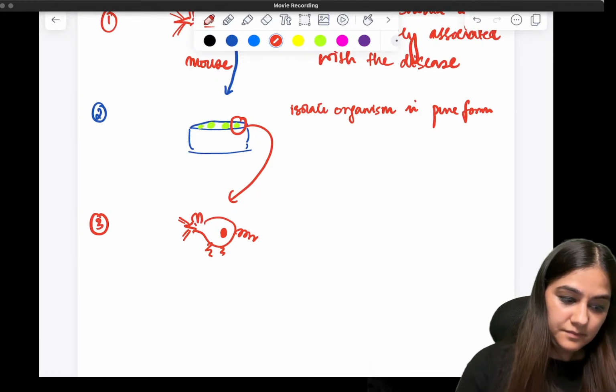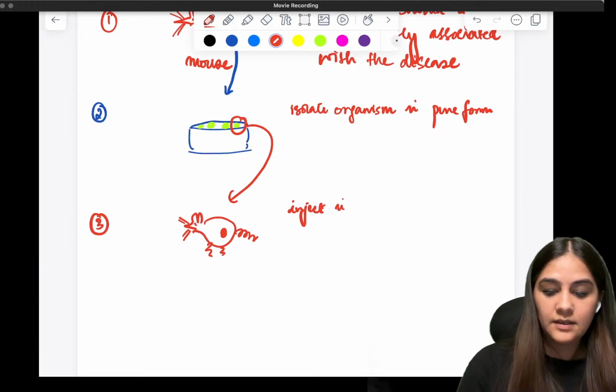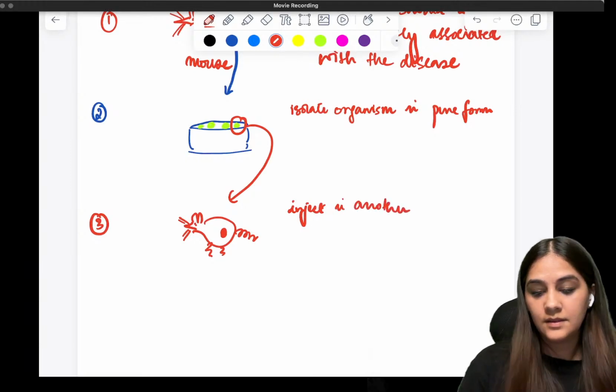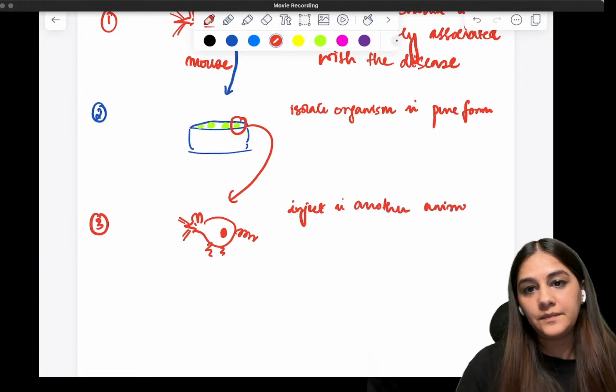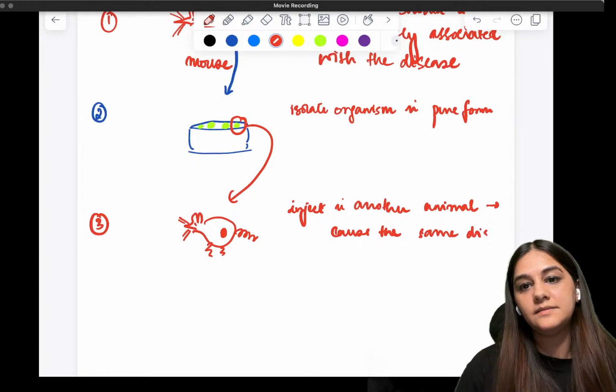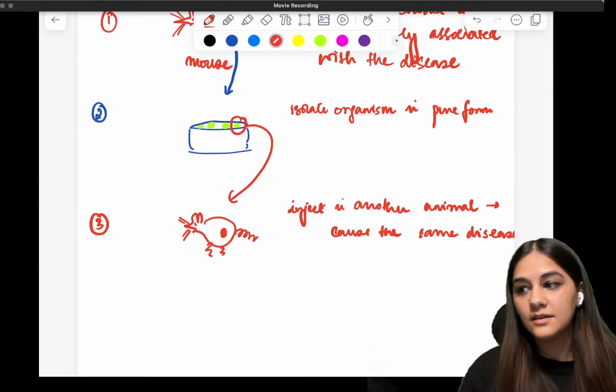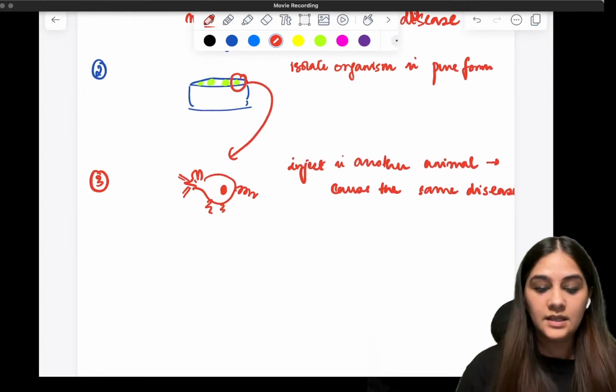So inject in another animal, cause the same disease, right? That is the third postulate that they gave us.